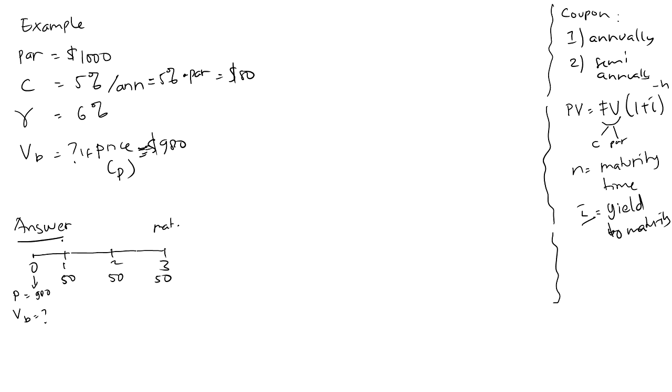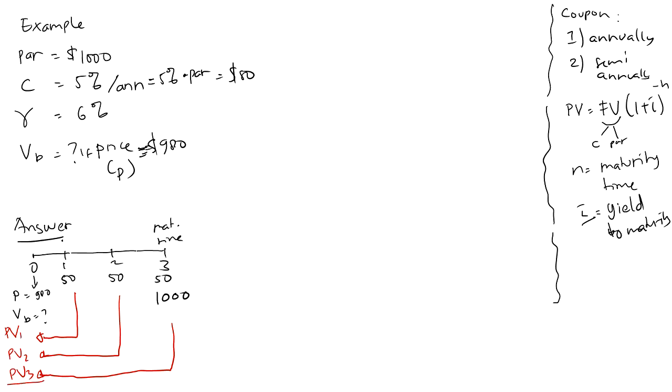Also we will receive the principal value, or the par, 1,000. Then you need to discount each of these to the present time. If I call them PV1, PV2, PV3, all of these together will be the bond valuation, or the value of the bond.